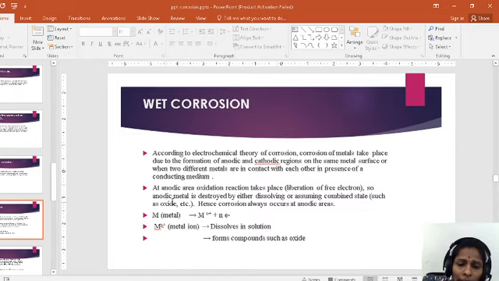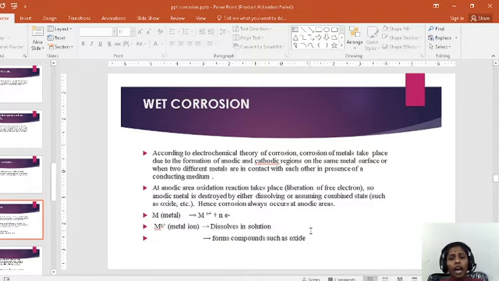At the anodic area, the oxidation reaction takes place. So the anodic metal is destroyed, either by dissolving or by assuming a combined state. That means where oxidation takes place, the anodic metal undergoes oxidation, and there the destruction of the metal takes place.